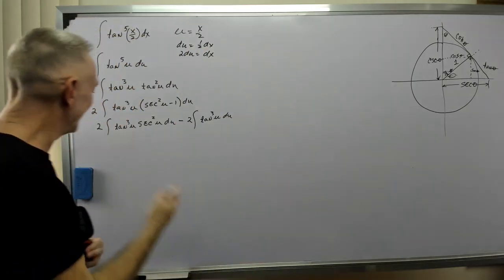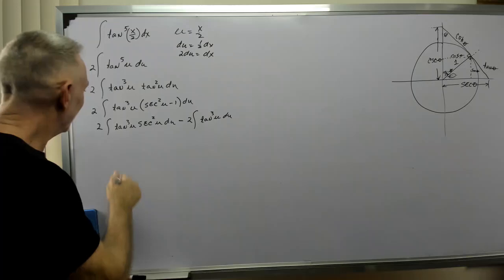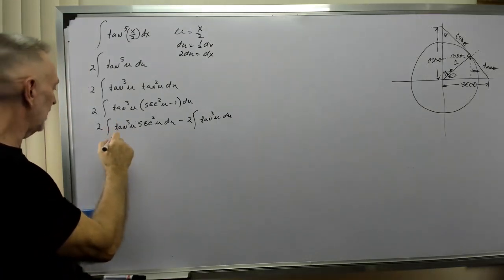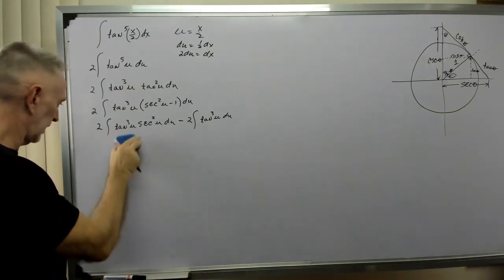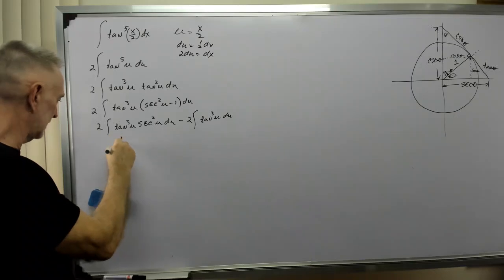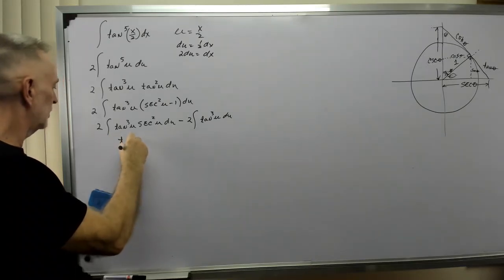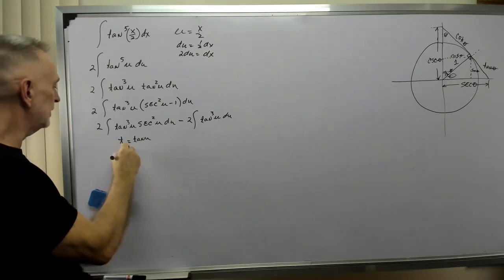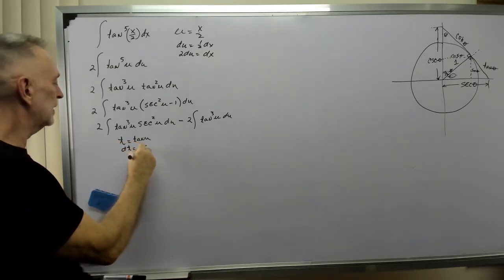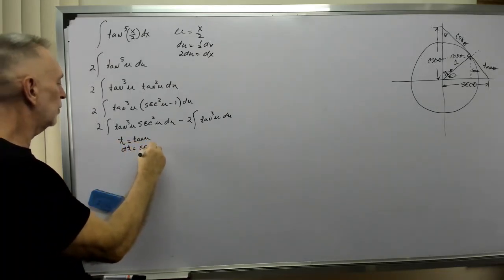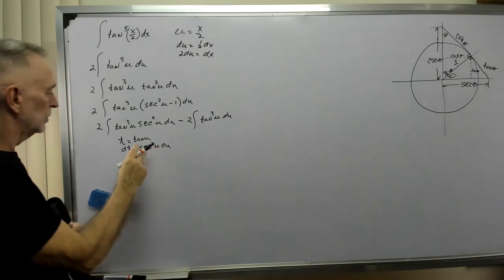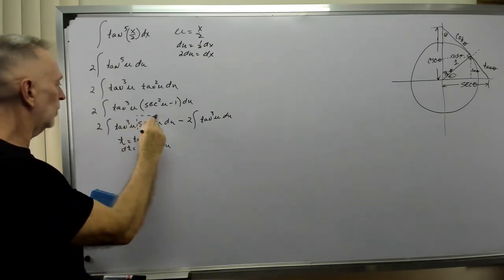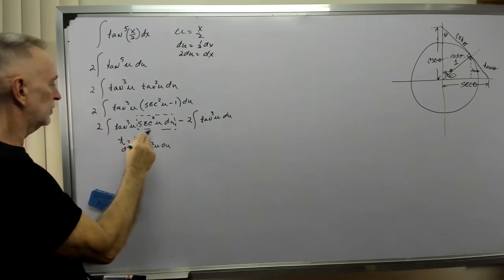So I'm repeating it. Okay, all right, now I have, if I let u, well, I can't use u anymore. Let's let t equal tangent u. dt equals secant squared u du. So all of this right here is dt.